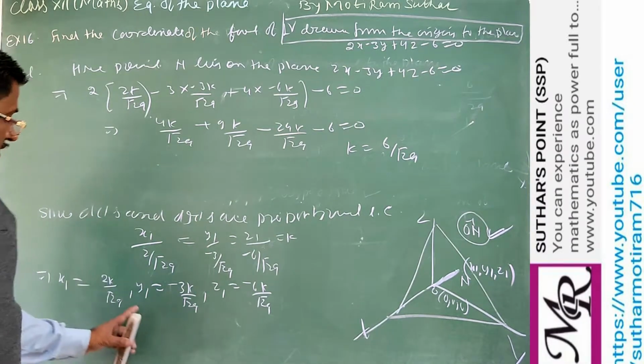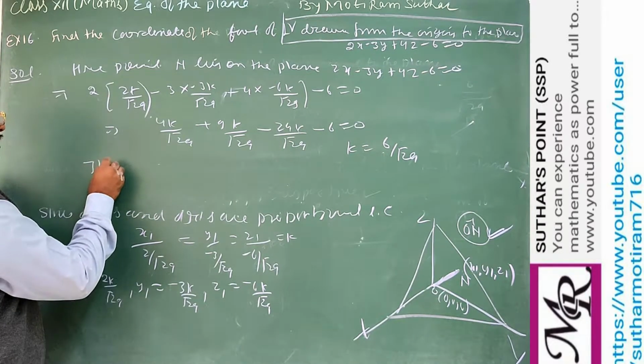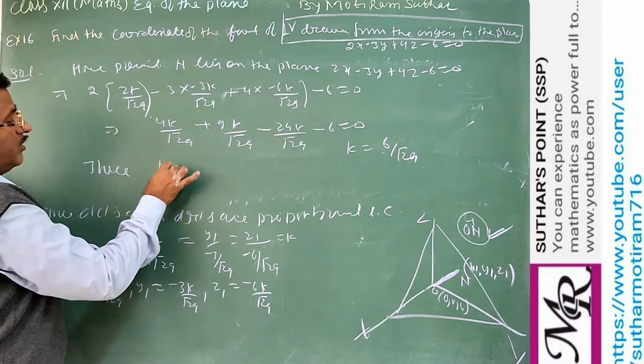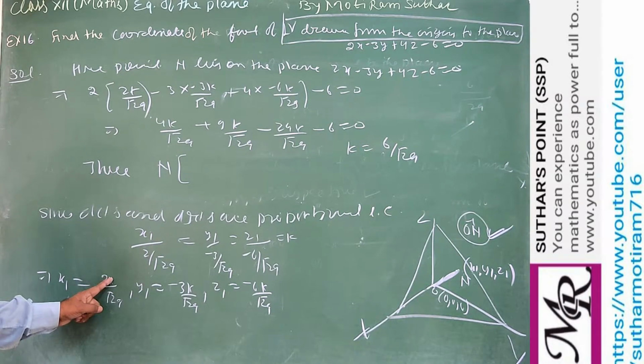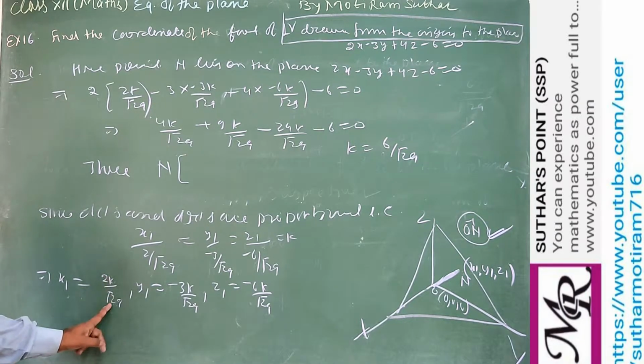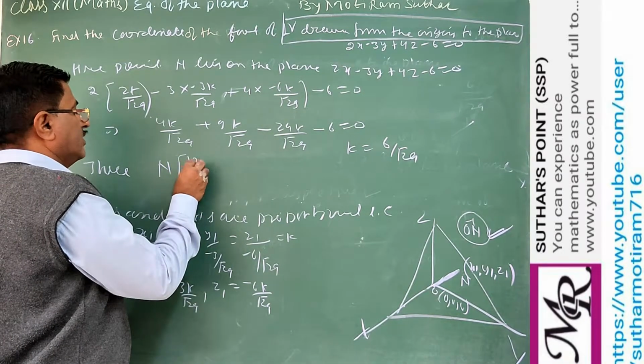Now put k back to get x1. The x coordinate of N is 2 into k upon root 29, with k as 6 upon root 29: 6 into 2 is 12, and root 29 into root 29 is 29. So the x coordinate is 12 upon 29.